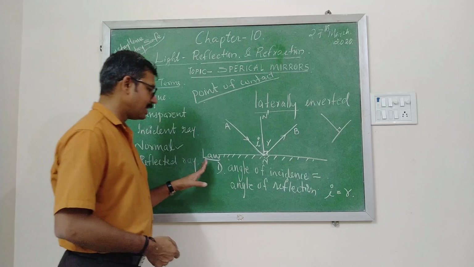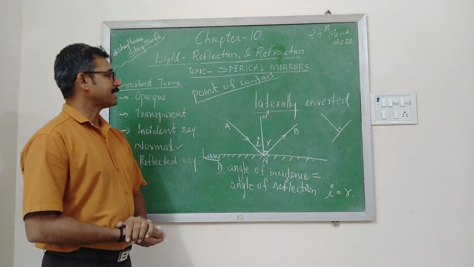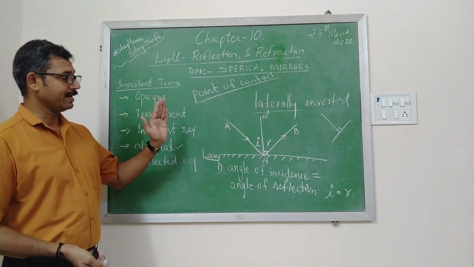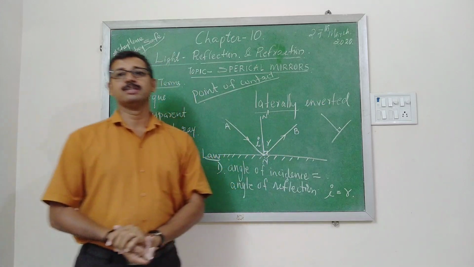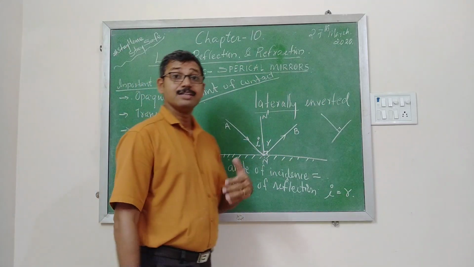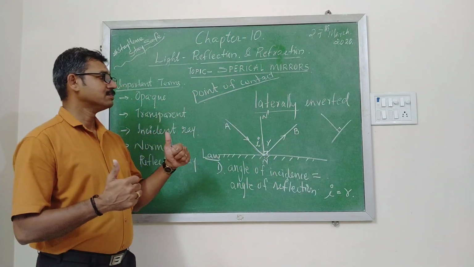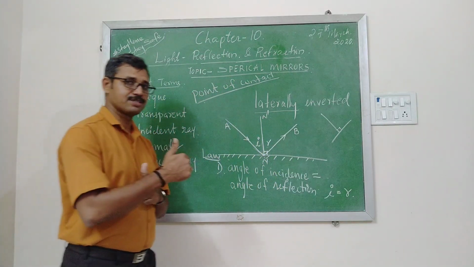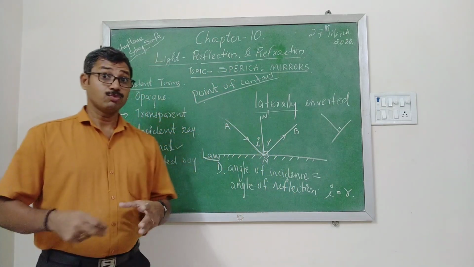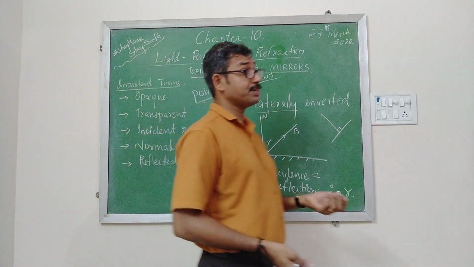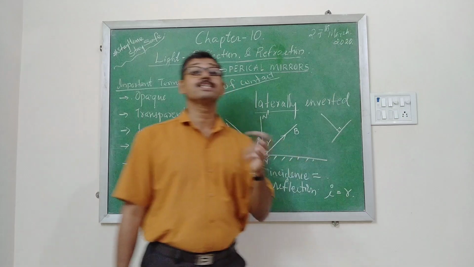Then there is the law of reflection. While telling about the mirror, we talk about the lateral inversion. Lateral inversion means left becomes right and right becomes left. Now one more inversion. Look, there is a difference between the lateral inversion and just inversion.